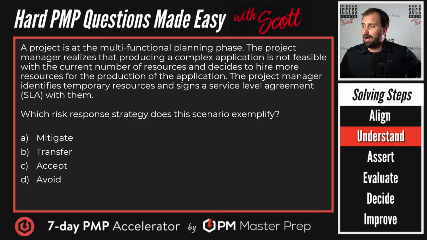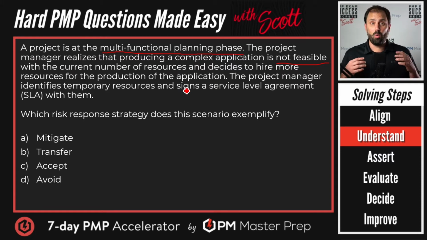All right, so we are into the project. Now, where do we think we are? We are in the planning phase. It says right up there at the top, multifunctional planning phase. So we know where we are in our project. That's awesome. Now we understand that there's an issue. Let's go over keywords: complex application is not feasible with the current number of resources. Okay, so we know that there's an issue and we've got to react to it.